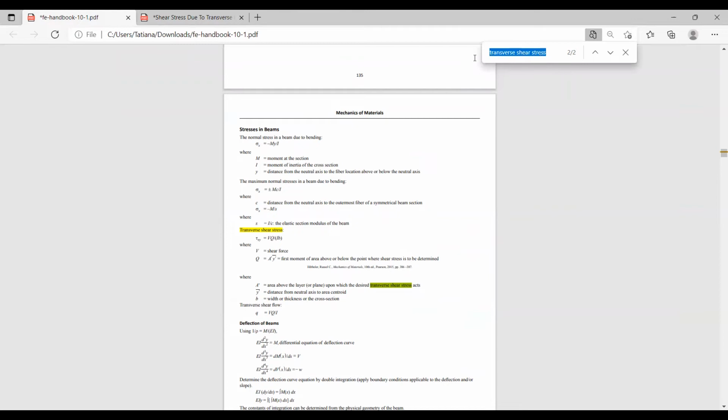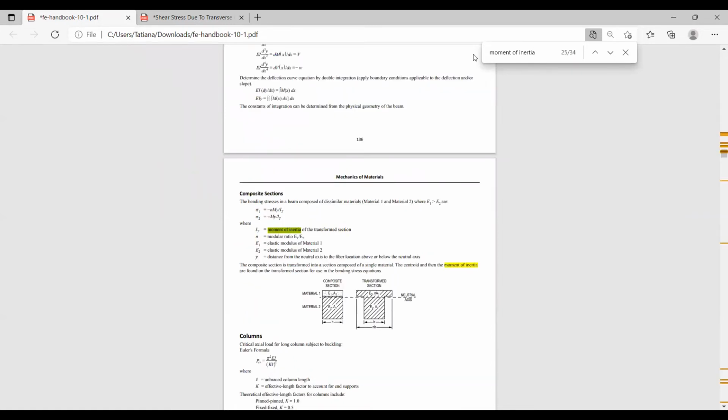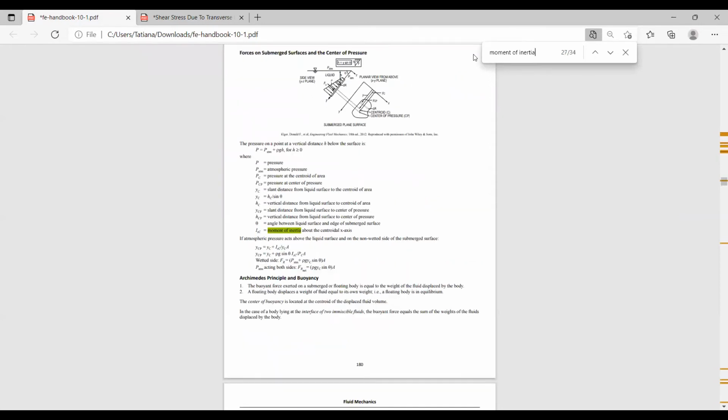I know it, but I want to show you that we have these formulas available in case you don't know they're available. We have to be careful because I need the moment of inertia with respect to an arbitrarily chosen datum.